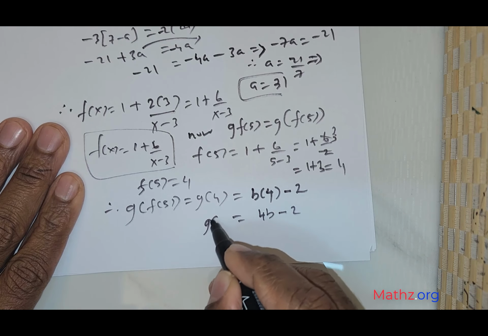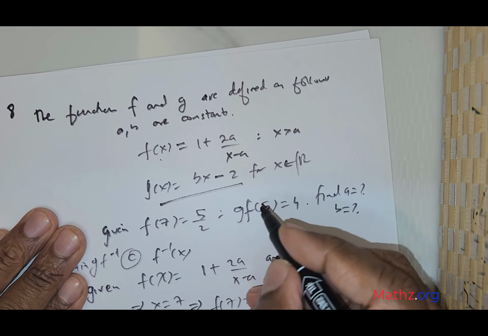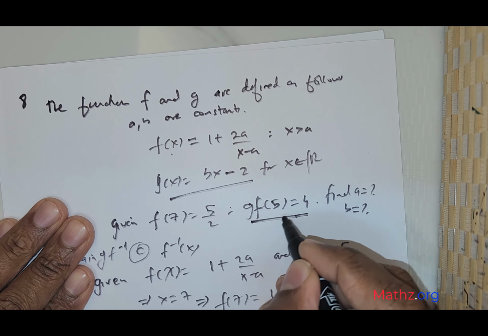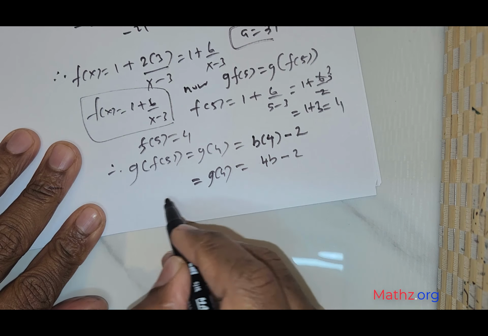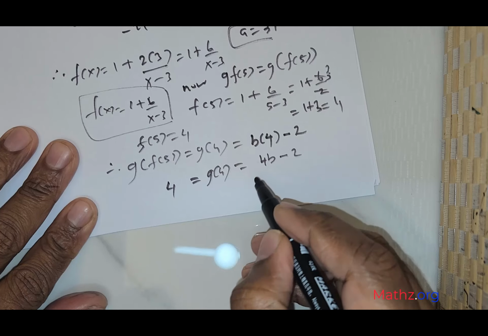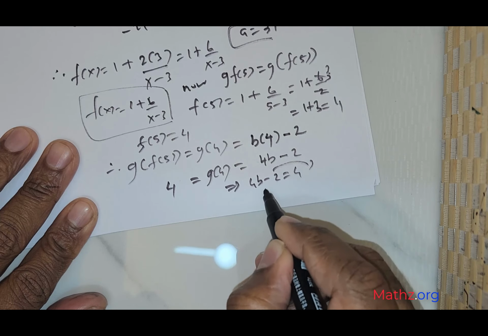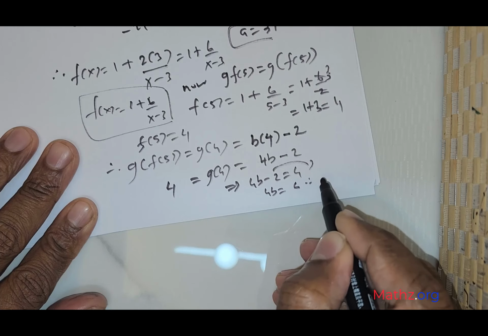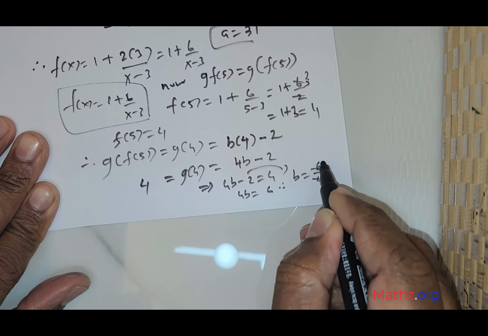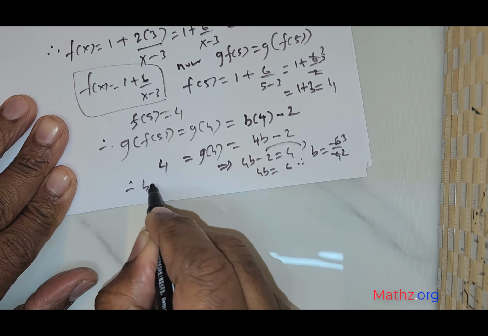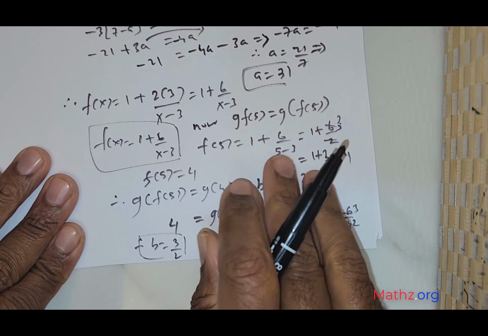But this has a value. G of f of 5 is equal to 4, right? So 4b - 2 is equal to 4. You push it to the other side, so 4b is equal to 6. Therefore b is equal to 6 over 4. 2 divides here 2 times, 2 divides here 3 times. So b is 3 over 2.